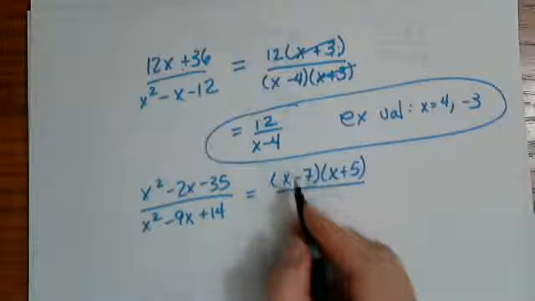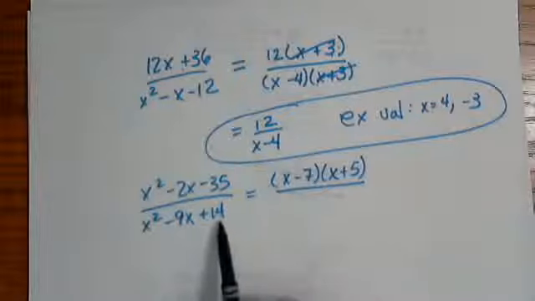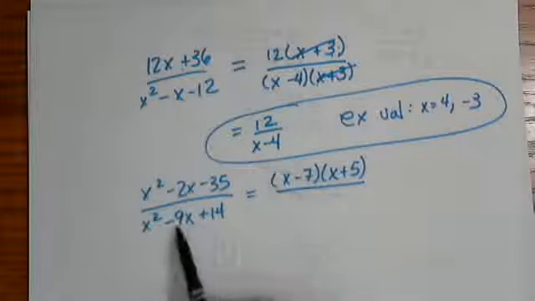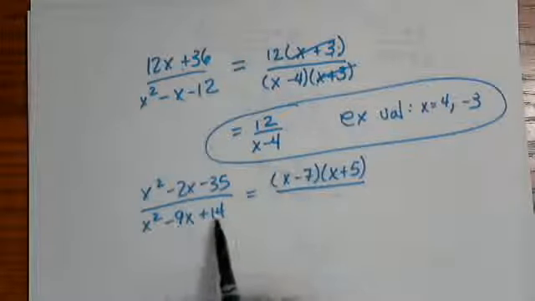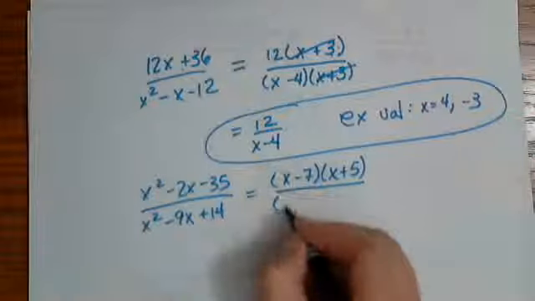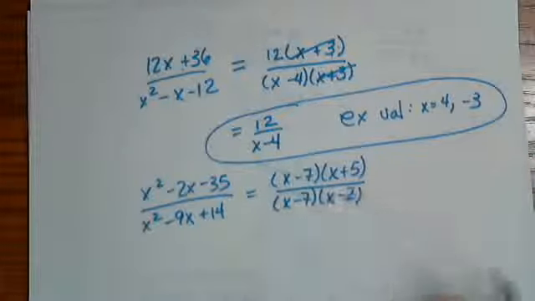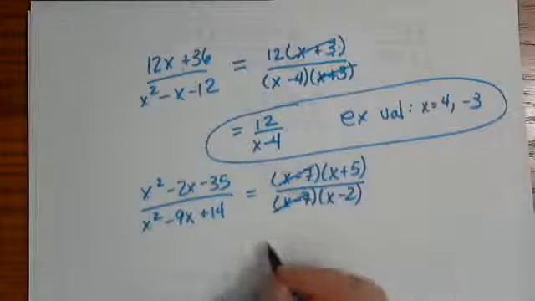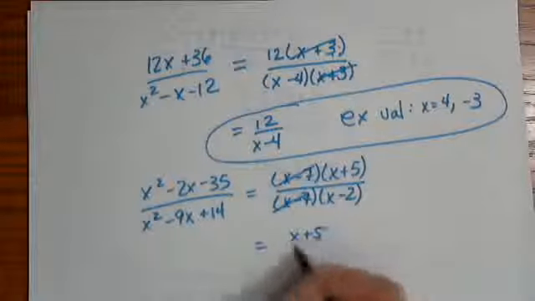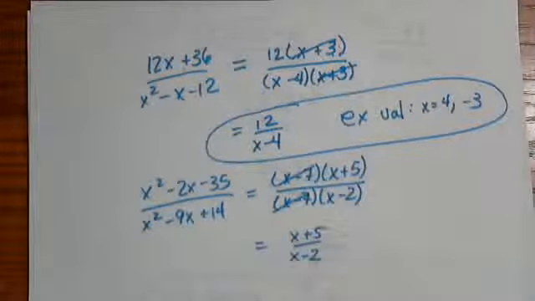And the bottom is going to factor, see, we've got to multiply to 14, add to negative 9. 14 would be 2 times 7, right? So x minus 7 and x minus 2. These factor off, and we get x plus 5 over x minus 2.